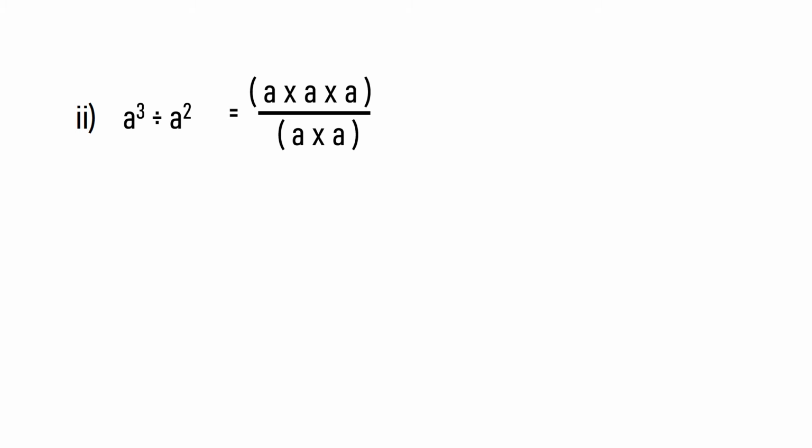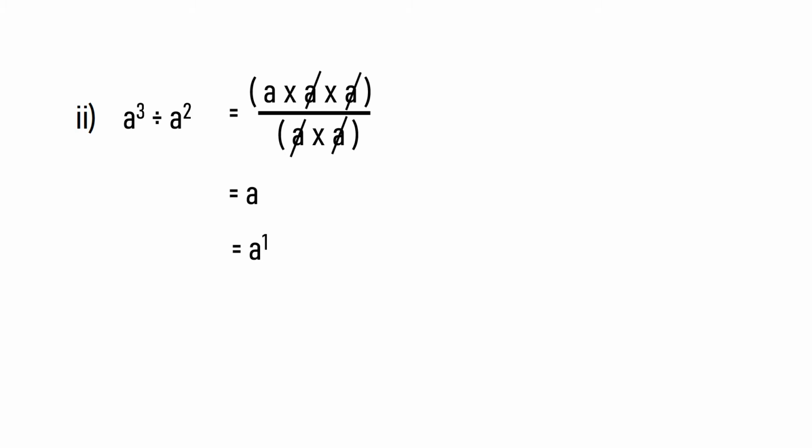Since we can see that some items in the numerator and the denominator are the same, we can cancel them out as follows. a cancels with a, and then this a cancels with this a. What is left is simply a. This a is the same as a power 1.